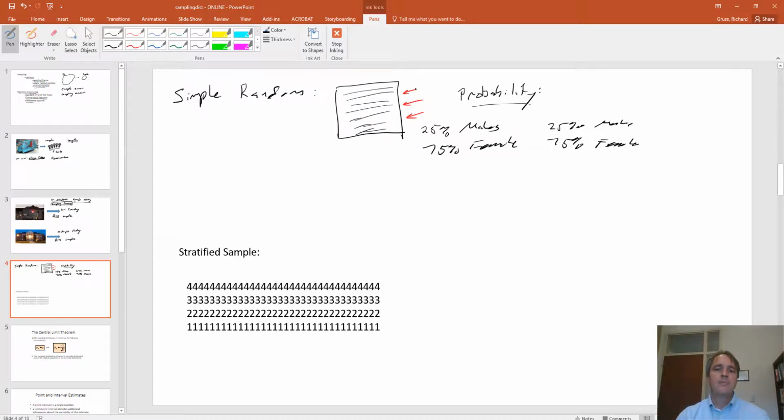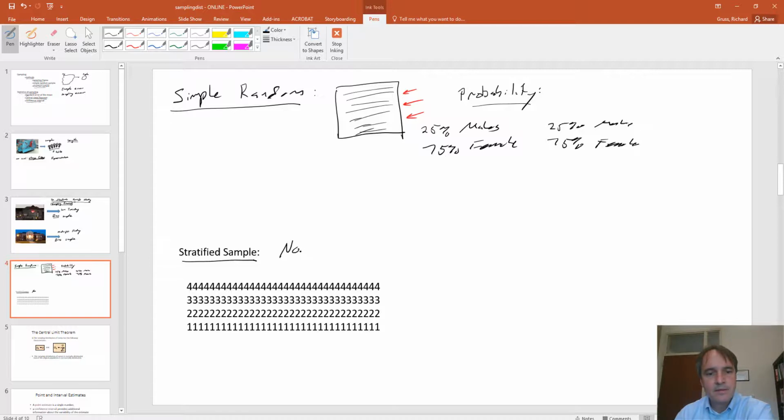So because we're selecting randomly from the sampling frame, we're going to wind up with the proportions of the original population retained. Now, in contrast to a simple random sample, we have a stratified sample. Let's say that for whatever reason, if we were taking a sample of Radford students, we don't necessarily want a probability sample.